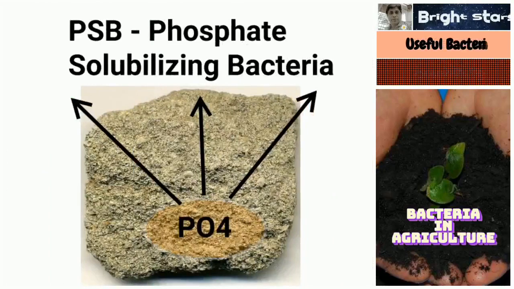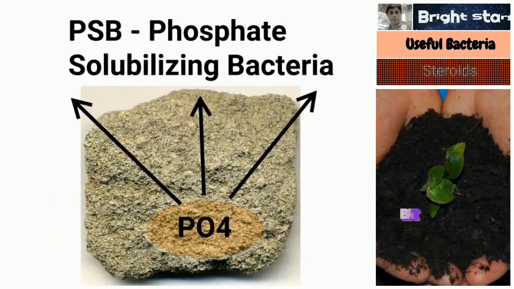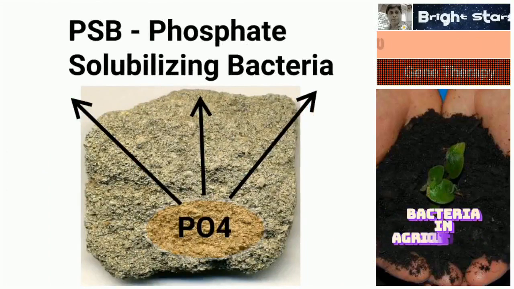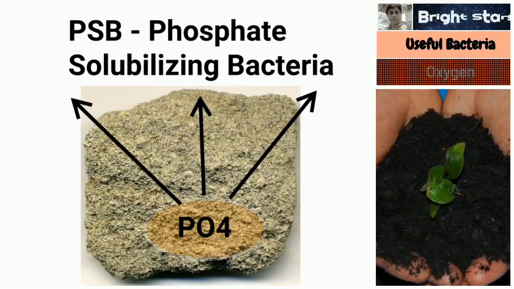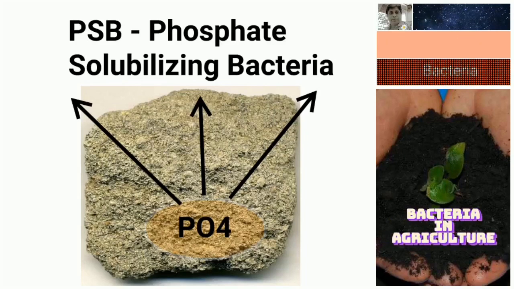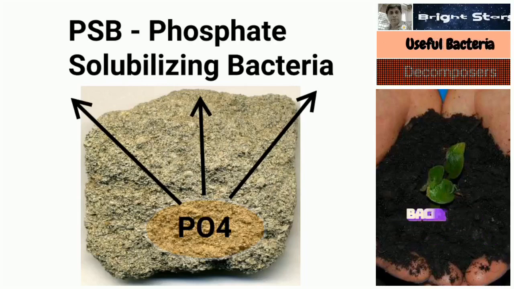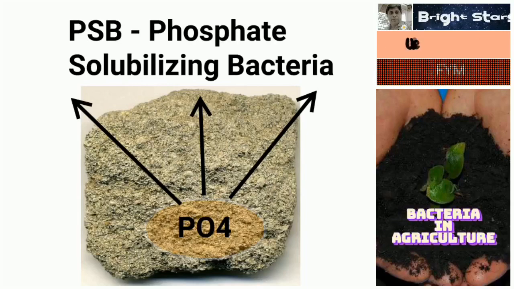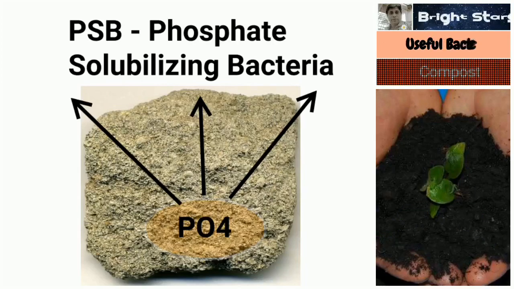So next one, phosphorus. You might have seen in fertilizer shops urea, phosphate, NPK fertilizers. So actually these nutrients are present in soil, in rocks. Phosphate is present, but this phosphate is not in available form, that is, it is in a fixed form.